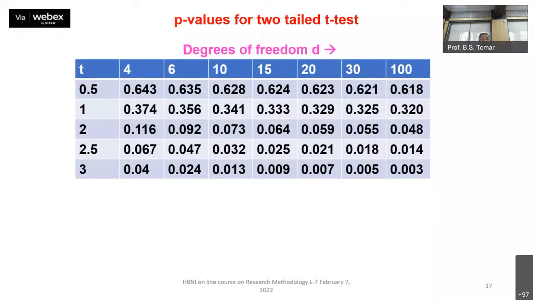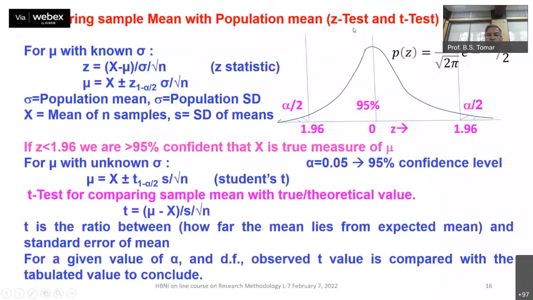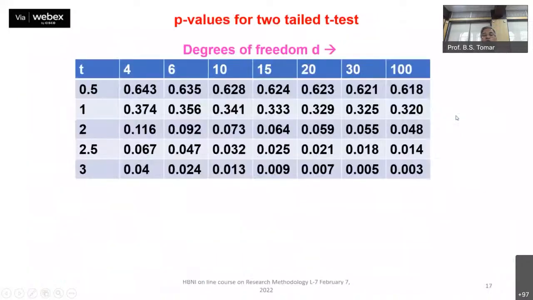I have just given you some of the data. This t-test is a big table. You can see it in the standard textbooks, even on Google you will find it. So the probability values for the two-tailed test, when you say two-tailed, means you have two tails. Many times you don't have two tails because the negative values are not there. So for degrees of freedom of 4, 6, 10 and so on, these are the t values.